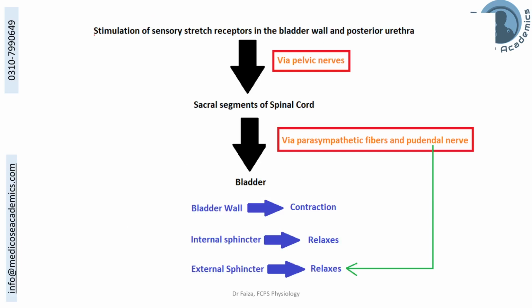What initiates the micturition reflex is the stimulus, and the stimulus over here is the activation of stretch receptors in the bladder wall and especially the posterior urethra. Whenever there is bladder filling, stretch of these receptors, especially in the posterior urethra, becomes the stimulus, and the receptors are present in the posterior urethra.